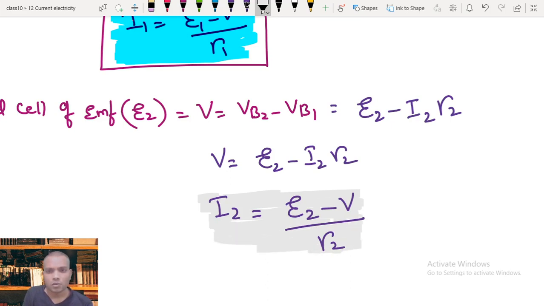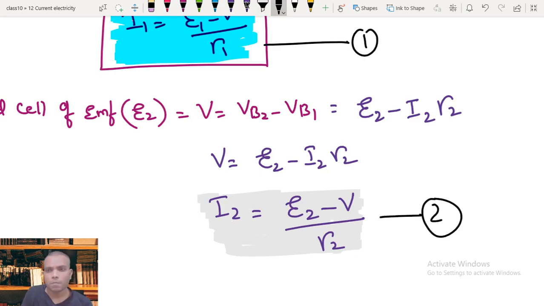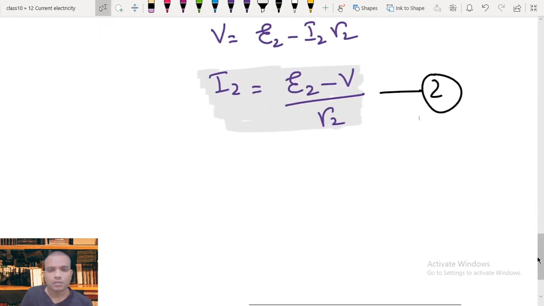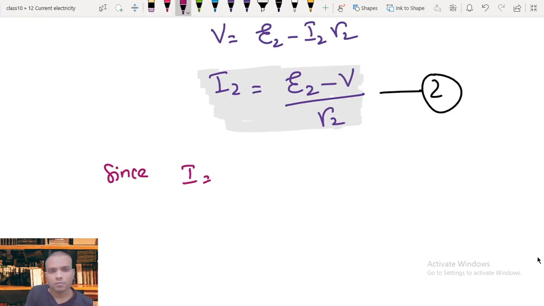Now since we know that the total current I is equal to the sum of the individual currents, suppose I take this as the first expression and this as the second expression, and add them up. Since I equals I1 plus I2, we add up these two expressions.